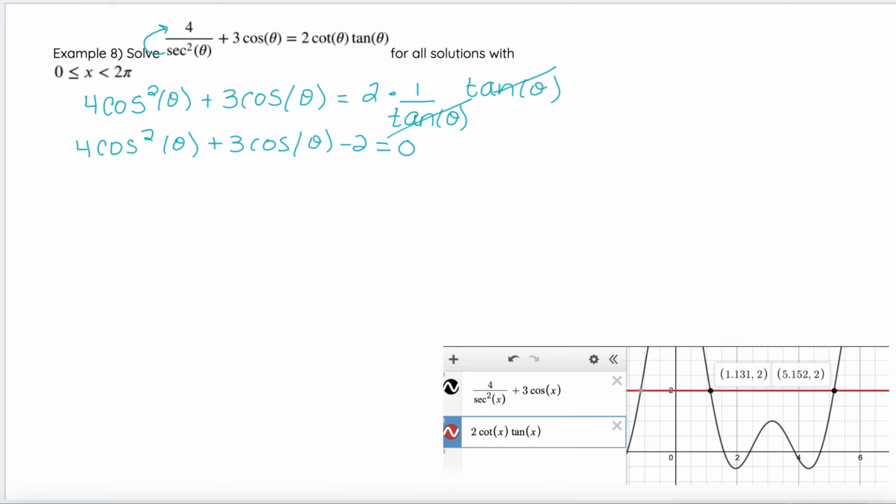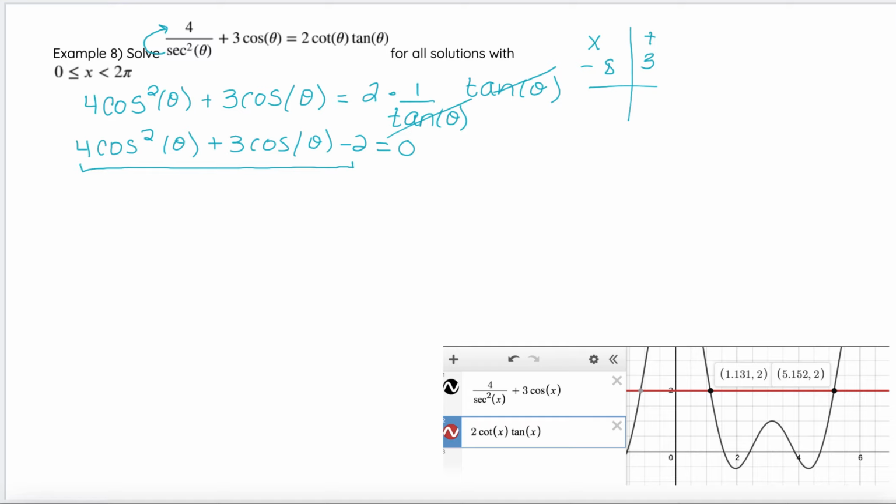However, there is nothing that I can think of that will multiply to negative 8, but yet add to 3. Nothing that will work. That means we need to use the quadratic formula.